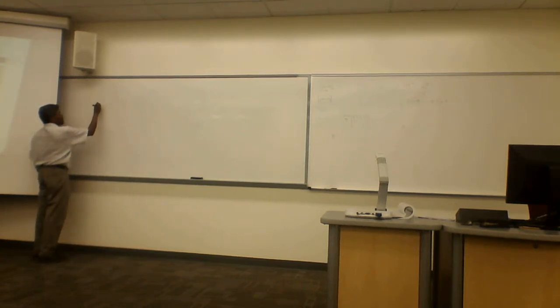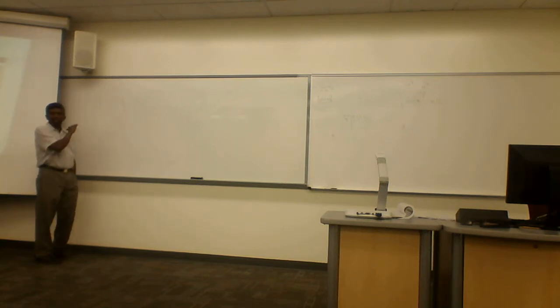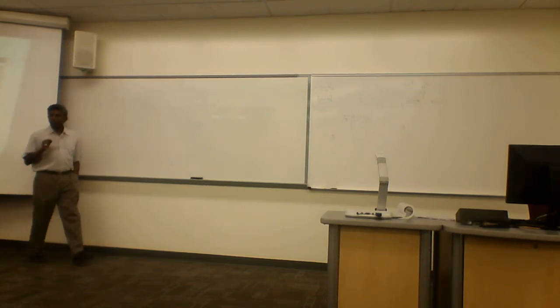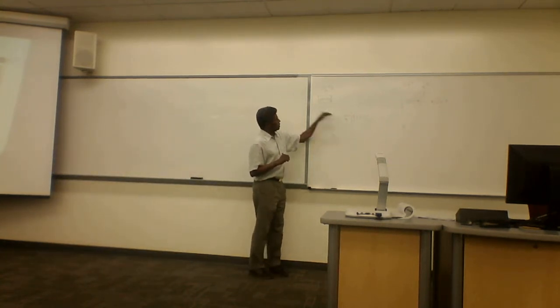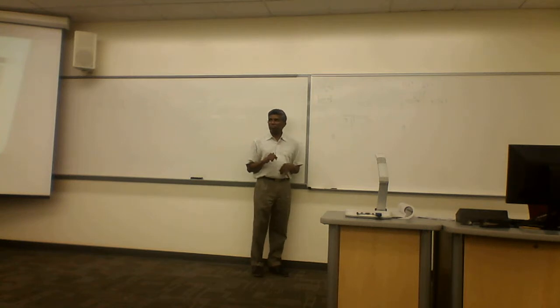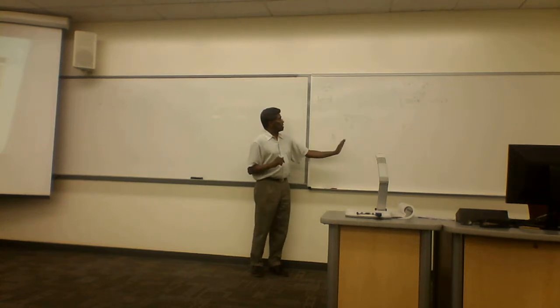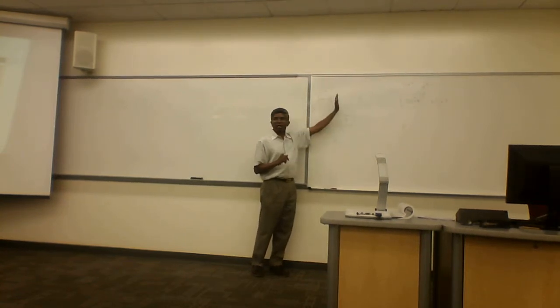So first, let's say my preferred direction is this way. Momentum before: what is the momentum from this guy in this direction? Zero. Remember, whatever has only a y component has zero contribution in the x direction, and whatever has only an x component has zero contribution in the y direction.